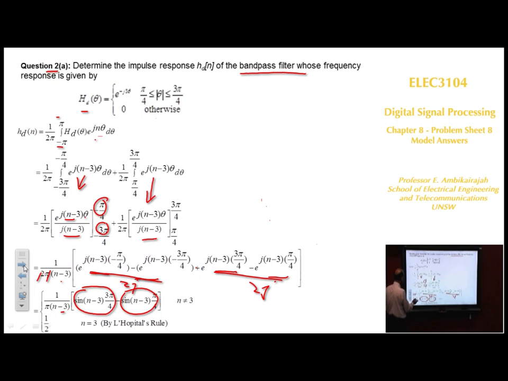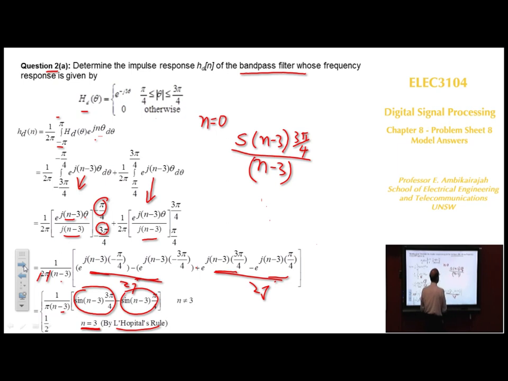Now the thing is that you need to find the value when n equals 3. You can't just directly substitute n equal to 3, it wouldn't work. So you use L'Hospital's, or you could say that sine of n minus 3 pi over 4 divided by n minus 3, right?